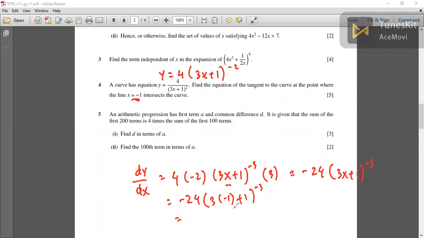So this will be (minus 3 plus 1), minus 2, to the power of minus 3. Okay, so I got 3. So the dy over dx is 3, and we have the gradient already, it is 3.